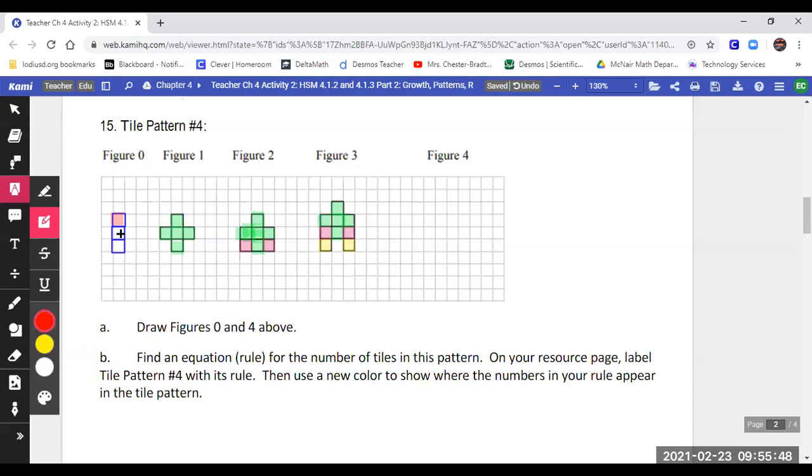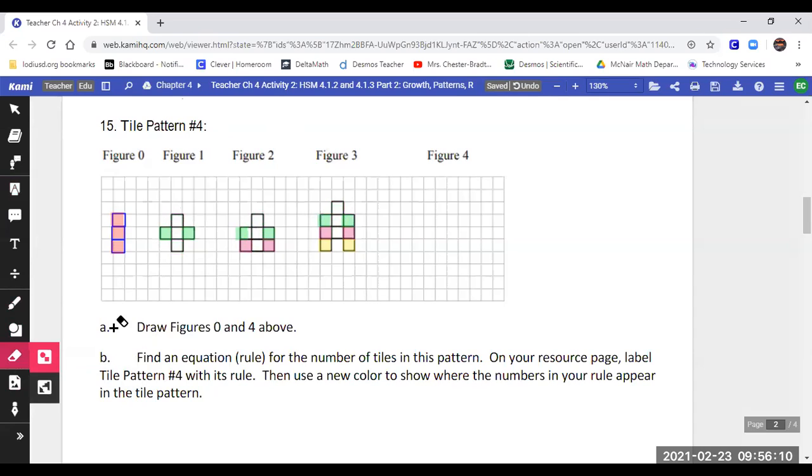So figure 0 was red then, which means I have to go back to the other ones and take the center out and take the center out. Gotta fix that one.